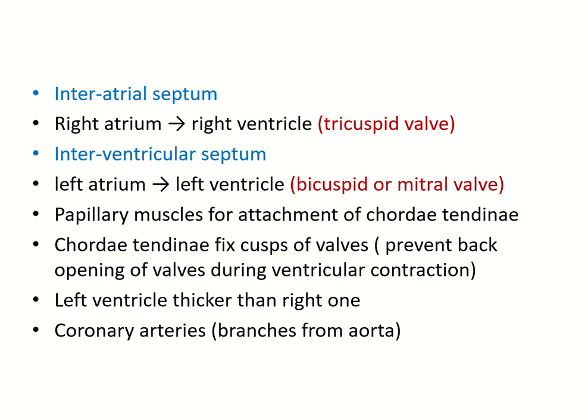In between the right atrium and right ventricle, a tricuspid valve is present, the valve made up of 3 layers, which prevents the backward flow of blood. Always the blood will flow from the right atrium into the right ventricle and not from the right ventricle into the right atrium.